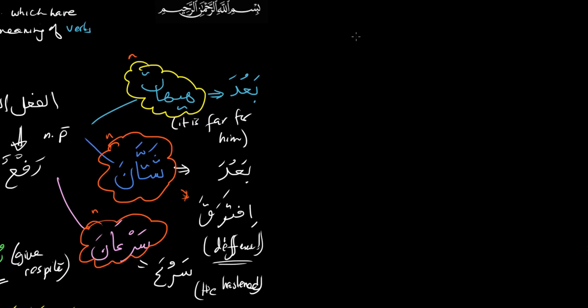Alright, so here's a bunch more. There are some other nouns which have the meaning of verbs. These are the following. Ta'al, ta'ala, which has the meaning of i'ti, which means come. I have to memorize both of these words because I don't know either one of them.